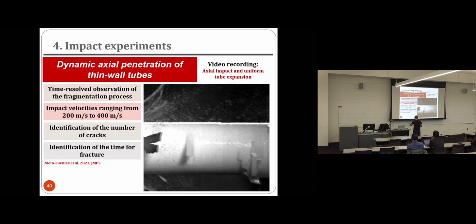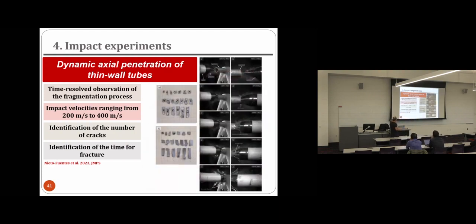The idea here was to perform experiments at different velocities, to have a time-resolved observation of the fragmentation process, to identify the number of cracks that were formed, the time for fracture, and if possible, the crack speed. We performed soft recovery of the fragments.